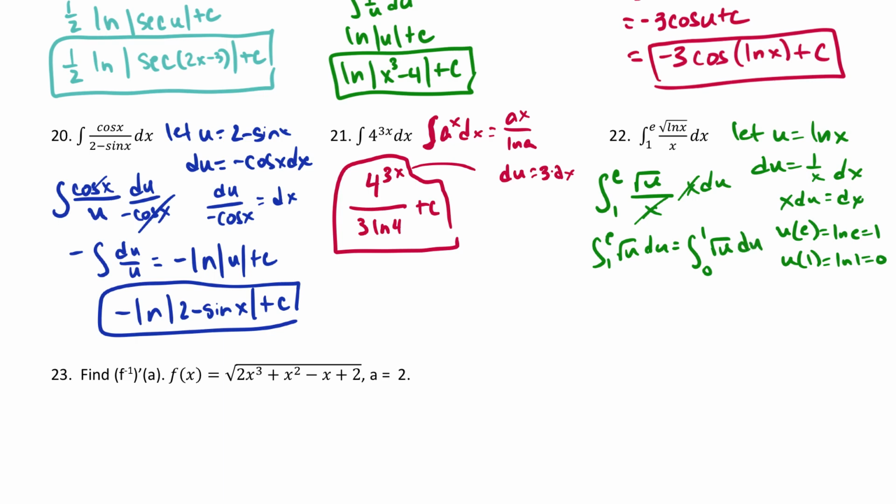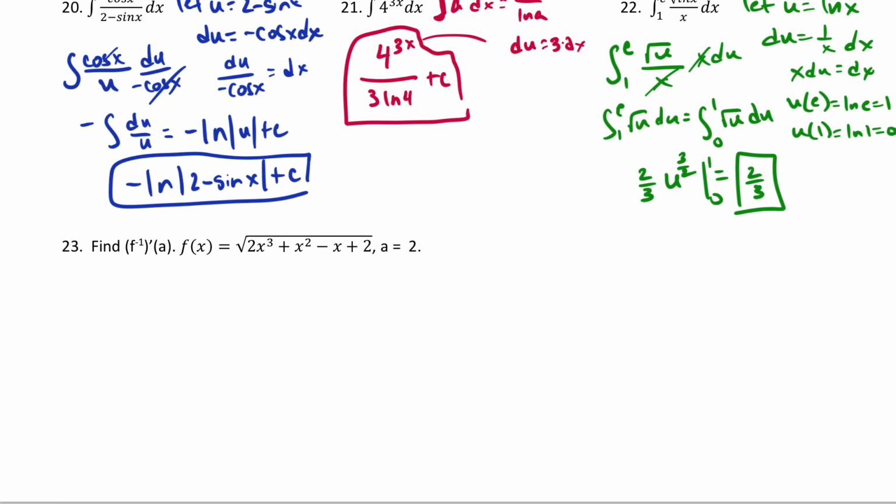And then in the end, I won't have to resubstitute. If you don't do that, you can resubstitute in the end. But I just don't want to because I don't want to have to take natural logs. I'll just do it this way. So this is u to the 1/2. So I'll get u to the 3/2. And I'll need a 2/3 out in front on the bounds from 0 to 1. So this becomes, plug it in, you get 2/3 minus 0, which is just 2/3. Done. And let's take a look at this next one over here.